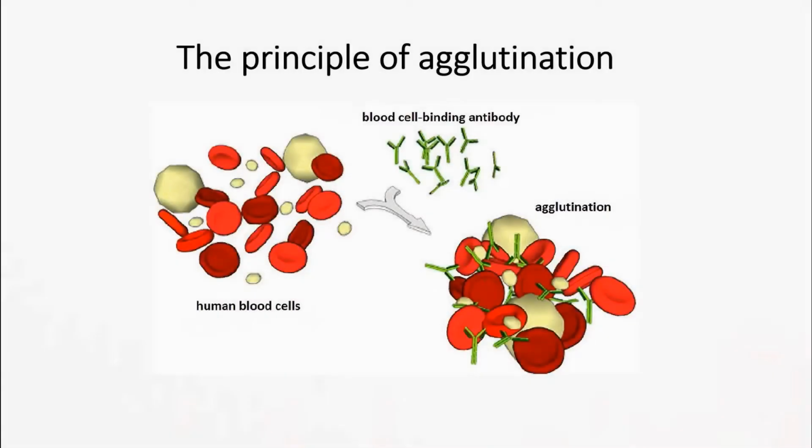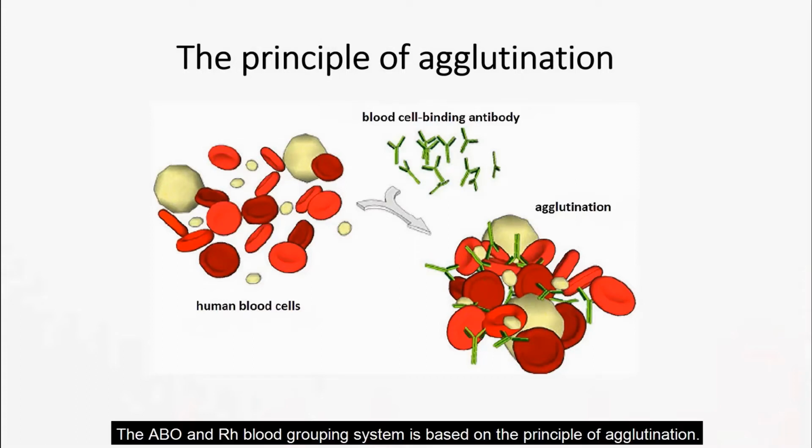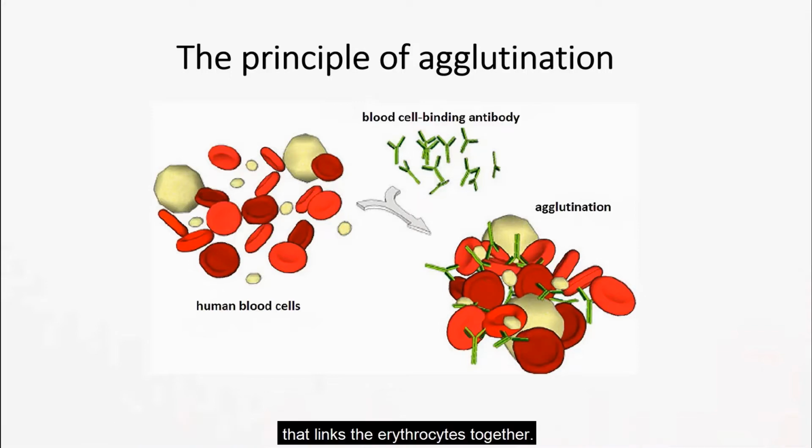The AB0 and Rhesus blood grouping system is based on the principle of agglutination. Agglutination is the clumping of erythrocytes which is caused by antibodies reacting with the antigens of several erythrocytes and leads to the formation of the lattice that links the erythrocytes together.